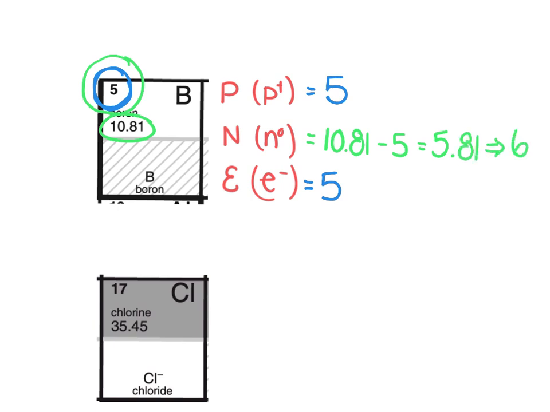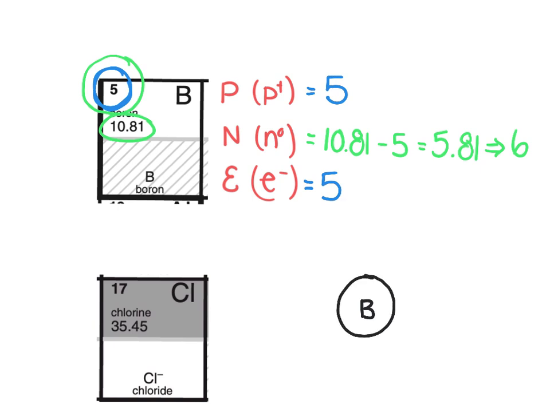All right, from here, we need to draw our diagram. Our Bohr diagrams are the electron levels. And I like to just put the symbol of the element in the middle, and then we're going to draw a circle.